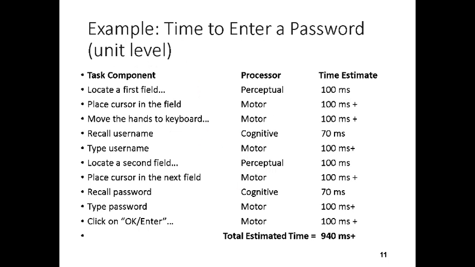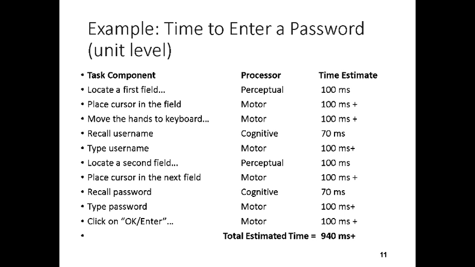So here's an example: the time it takes to enter a password at the unit level. We have the task component on the left, the type of processor that we're going to be executing for that particular task, whether it be perceptual, motor, or cognitive, and of course we have our estimates of time, how long it's going to take.